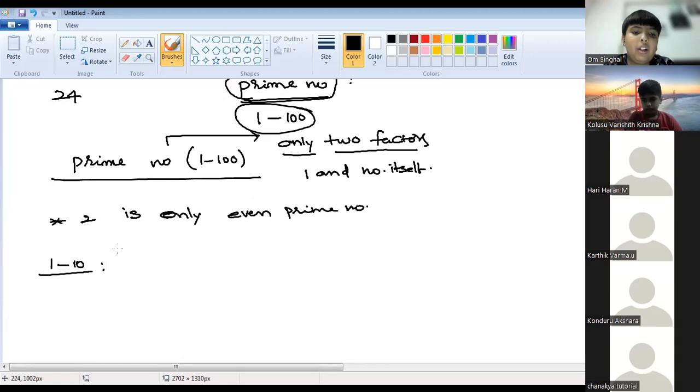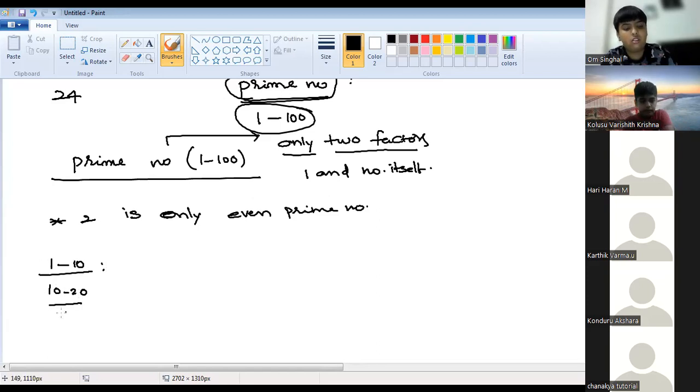Hariharan, 1 to 10 and 10 to 20 for one child, and other students can put their answers in the chat box. 20 to 30. If you know 1 to 100, please type in your chat box.